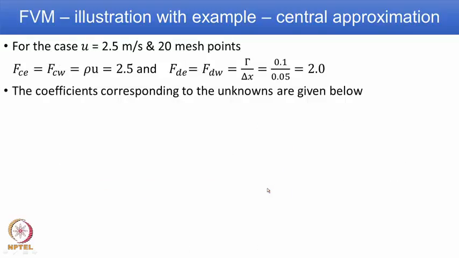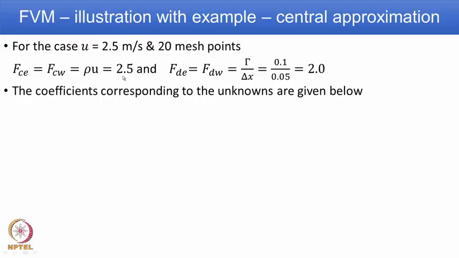For the same problem, that is velocity 2.5 meters per second, the number of mesh points is now increased from 5 to 20. In that case, the diffusion flux, where delta x appears in the denominator, is increased to 2.0. So, if you compare convection flux and diffusion flux, the order is almost the same, that is 2.5 and 2.0.